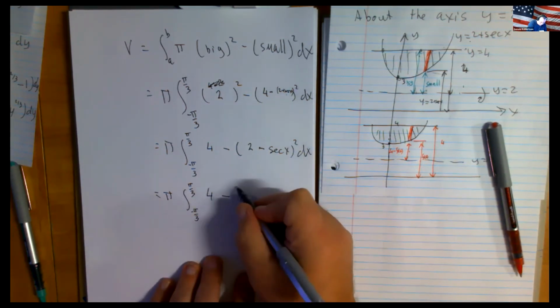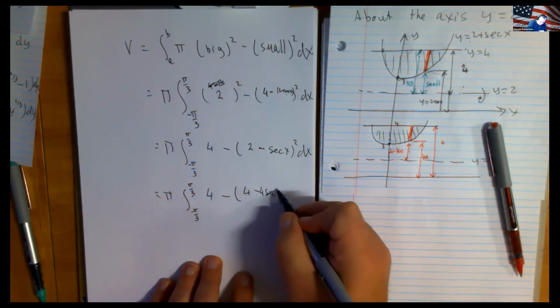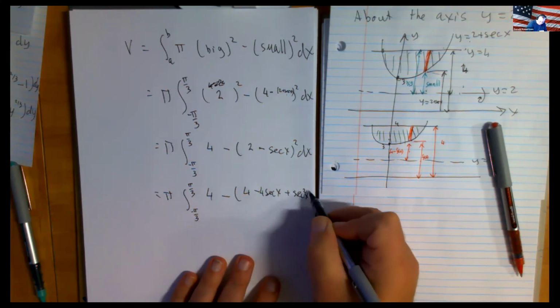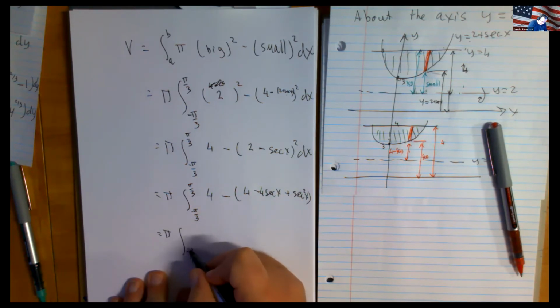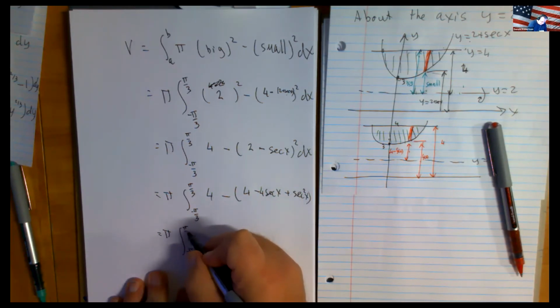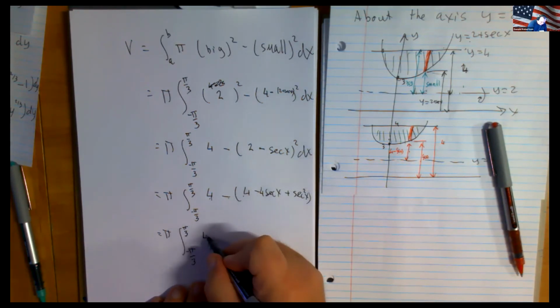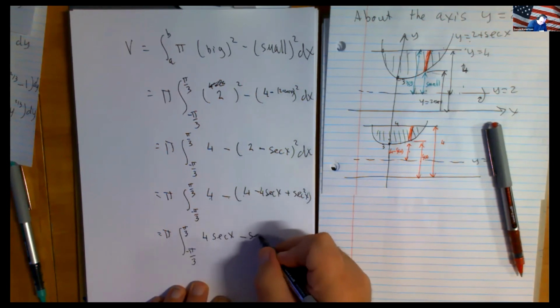If you square this, you get 4 minus 4 secant x's plus secant squared x. Four take away 4 goes away. Take away a negative is 4 secant x's. Take away that guy is take away secant squared x.